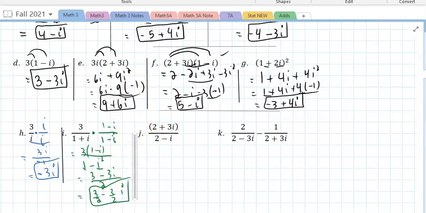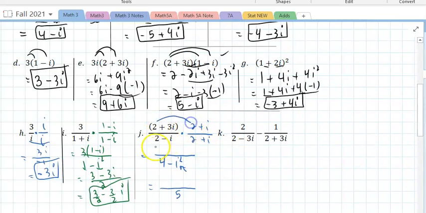And if I look at this problem, again, same deal. I multiply by the conjugate, which is 2 plus i. So if I multiply the denominator out, that's the first squared minus the last squared. But I know that this is negative 1. So 4 minus a negative 1 is a 5. Denominator is done. The top, if I FOIL, I'll get 4 plus 2i plus 6i plus 3i squared.